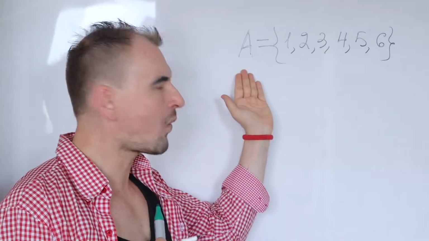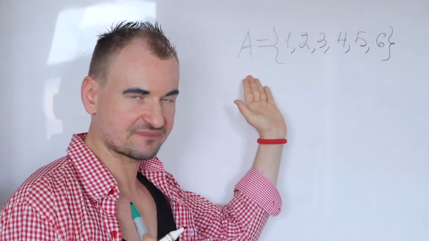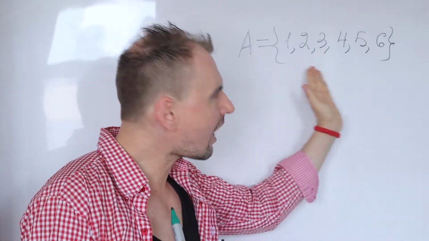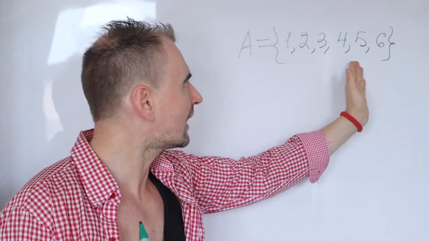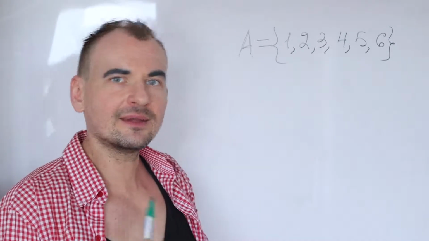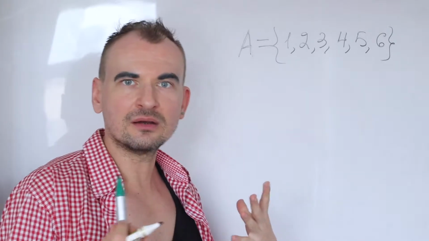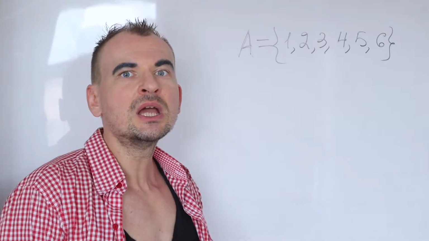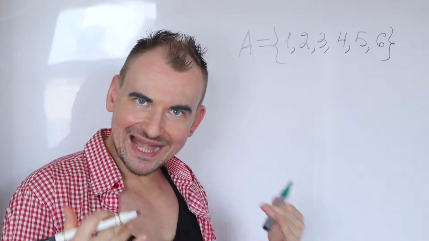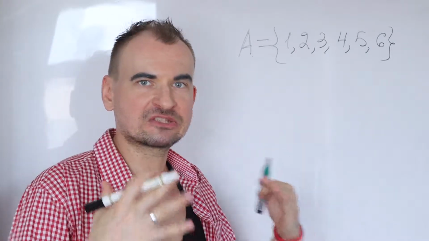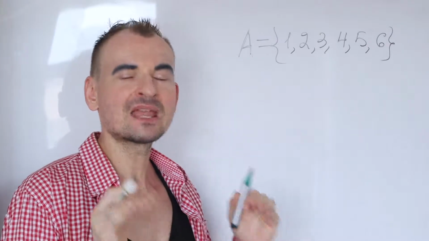So this is kind of the name of the set. Whereas lowercase letters, small letters, such as a, x, b, whatever comes along, are used to represent the elements or the members of your set.